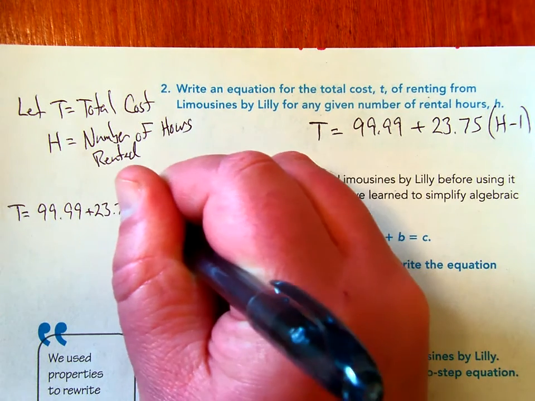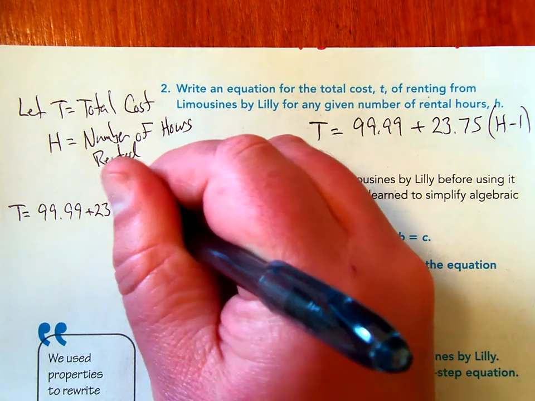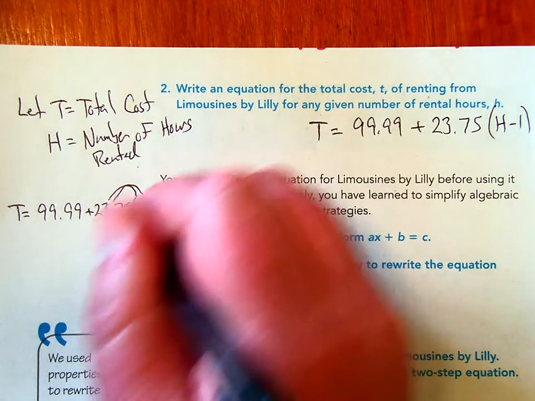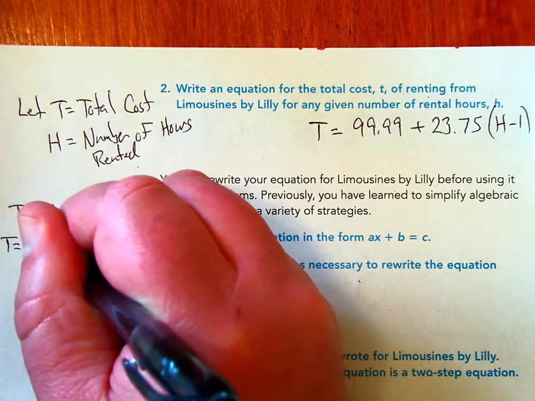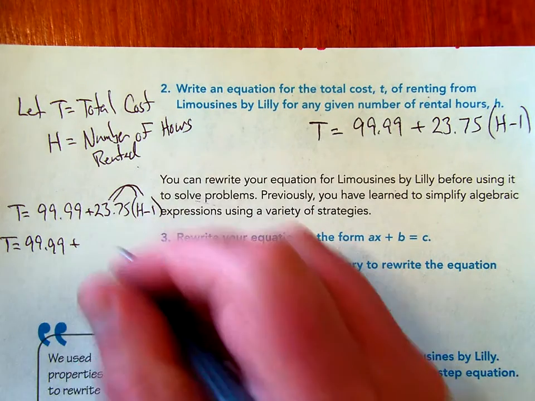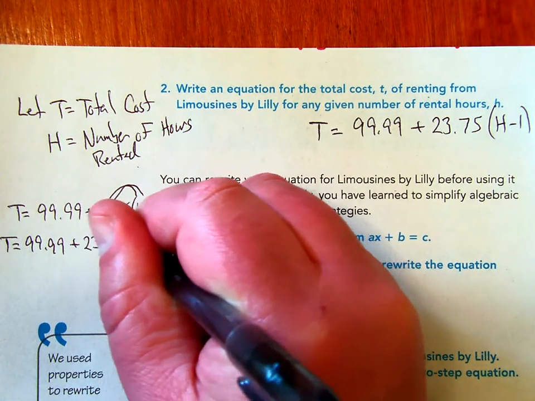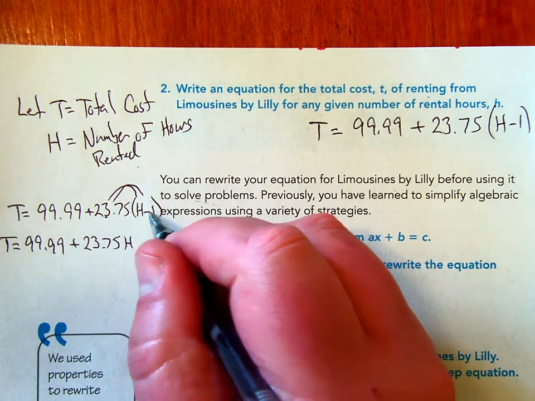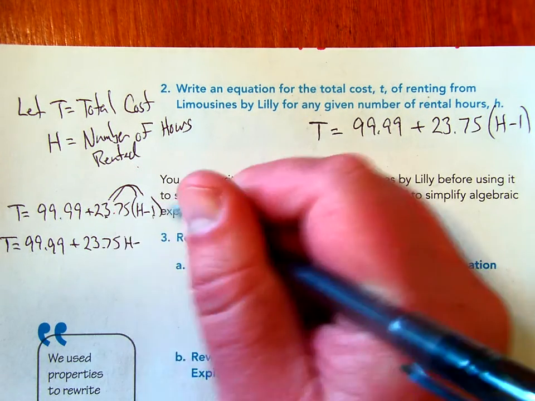I'm going to distribute. I'm going to rewrite this as the total is 99.99 plus 23.75 times h is 23.75h. And then 23.75 times negative 1. Positive times negative is negative. 23.75 times 1 is 23.75.